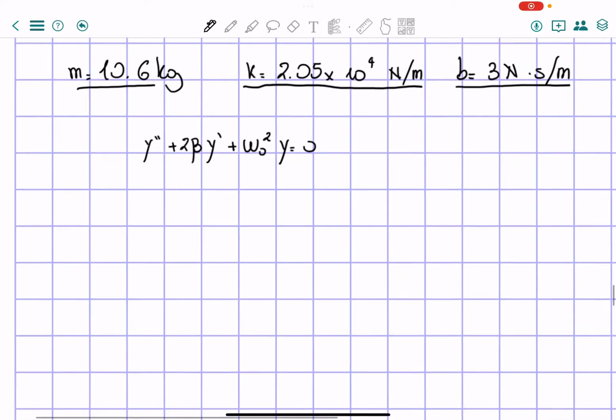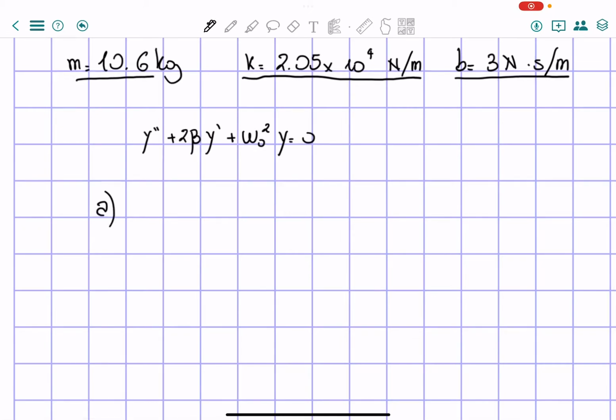Now, the first question I'm asked is to find the frequency of oscillation, the frequency of the damped oscillation. First of all, I want to find the frequency at time 0, which is simply going to be omega naught equals the square root of the constant over the mass.